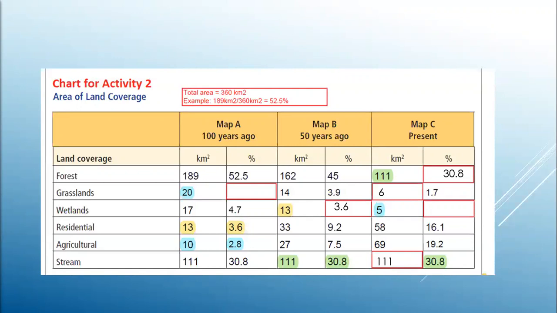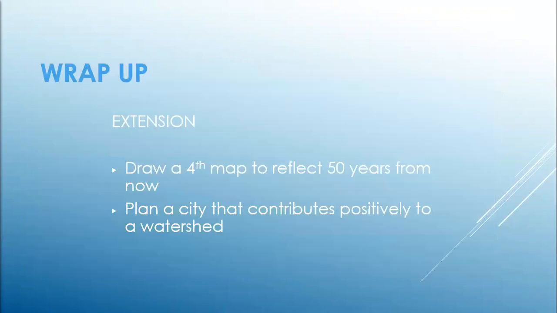So I'm going to go over to the next slide. Okay, so for additional homework, if you are interested about this topic, the next step you can take is to draw a forest map and use this map to reflect what it would look like 50 years from now.